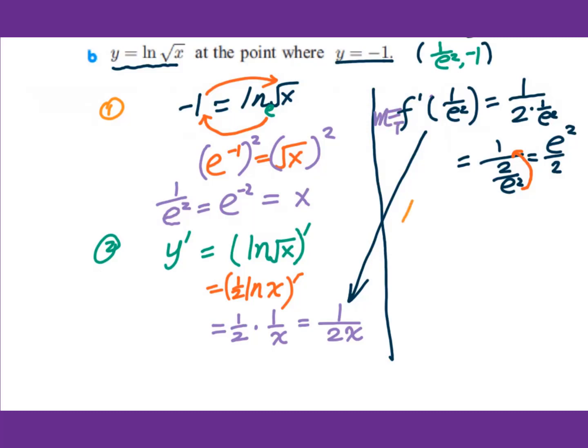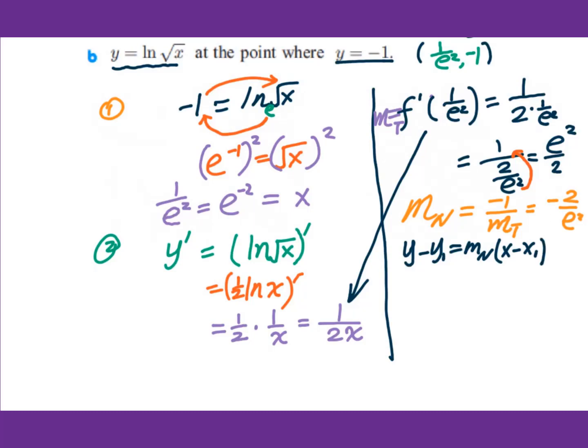We are looking for the slope of the normal line. Either you use negative 1 over the slope of the tangent line, or you do the opposite reciprocal, that is negative 2 over e squared. Now we use this formula, y minus y1 equals the slope of the normal line times x minus x1.